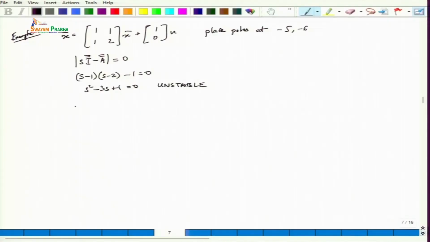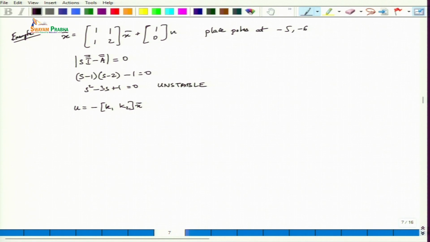So our controller will be U is equal to minus K1, K2 times X bar, and our objective is to find K1 and K2 such that we can place poles at -5 and -6.